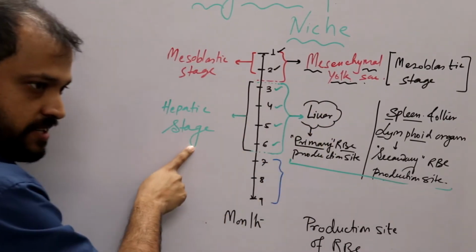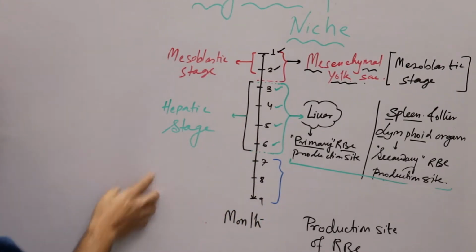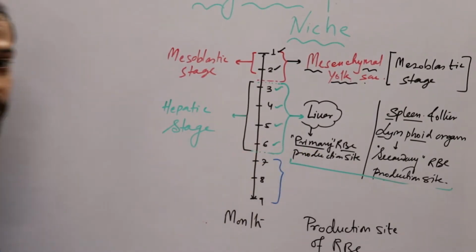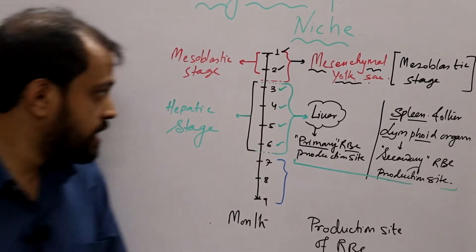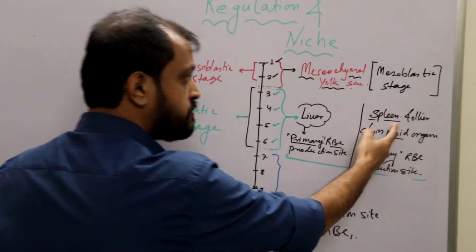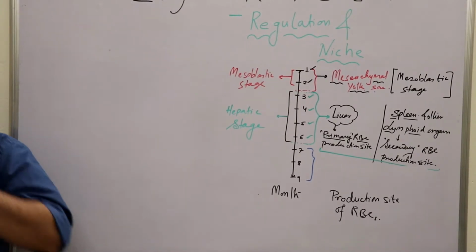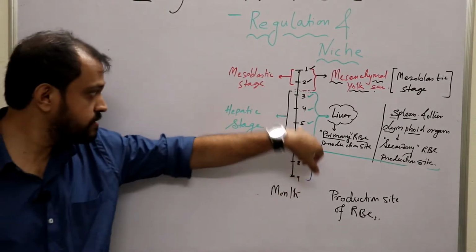That's why it is called the hepatic stage. You should always understand that the fetal RBC production stages are named according to the primary RBC production site. And the secondary RBC production site during the hepatic stage is the spleen and other lymphoid organs. Clear? Okay, so right now we are dealing with the hepatic stage.